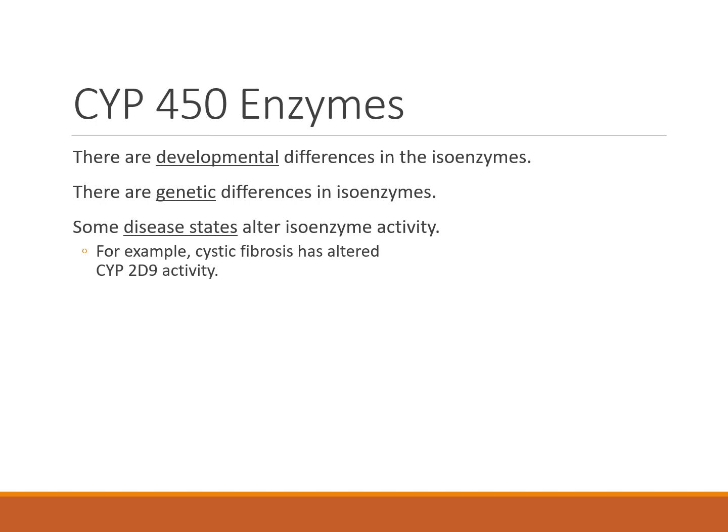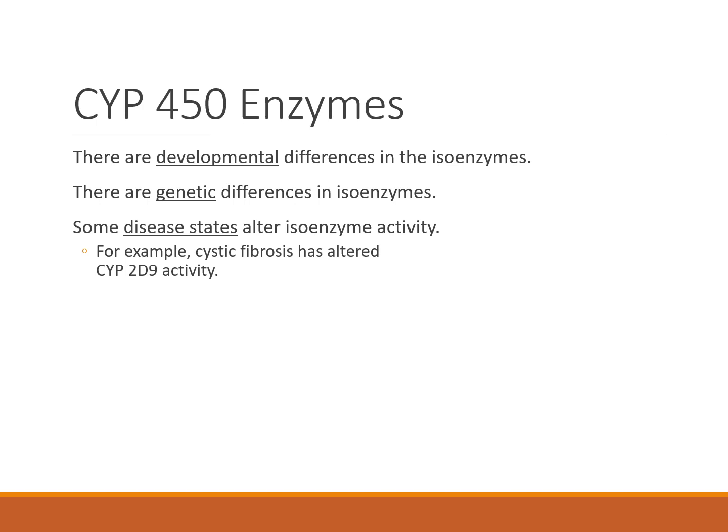S is in Sam, N is in Nancy, and P is in Paul. A SNP would look like CYP2D9, and it would have an asterisk on the end of it, and then a number. So it'd be like CYP2D9 asterisk 1.